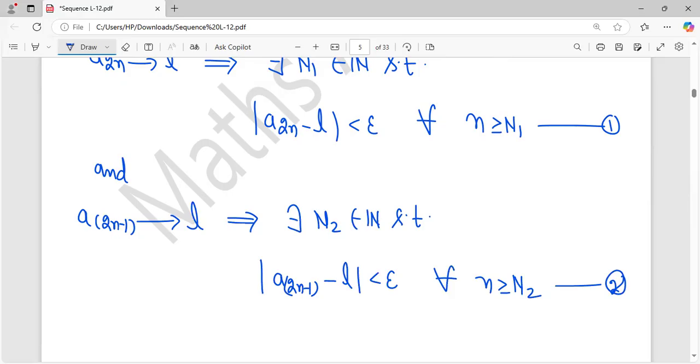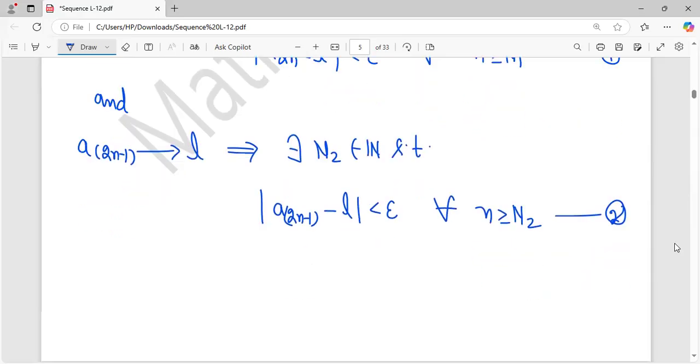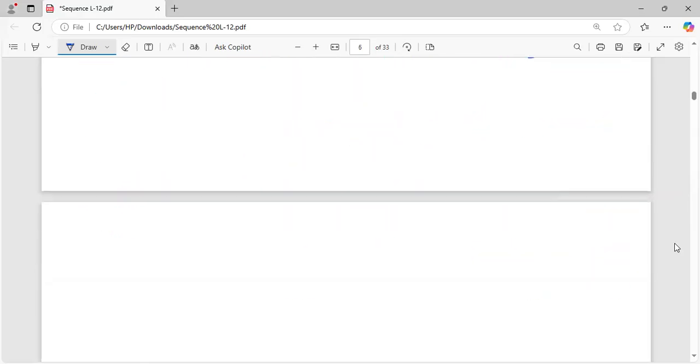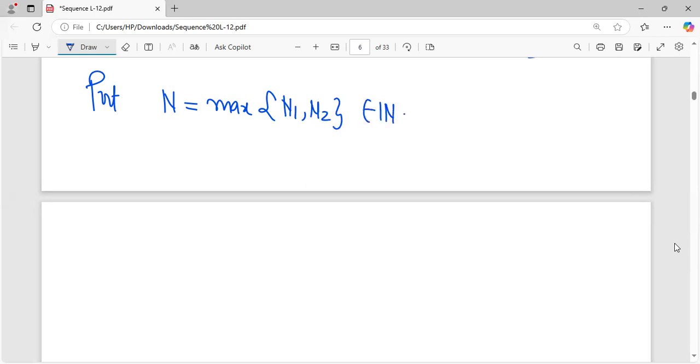So I am taking the maximum of N1 and N2. Put capital N equal to max of N1, N2, and this belongs to the natural numbers.